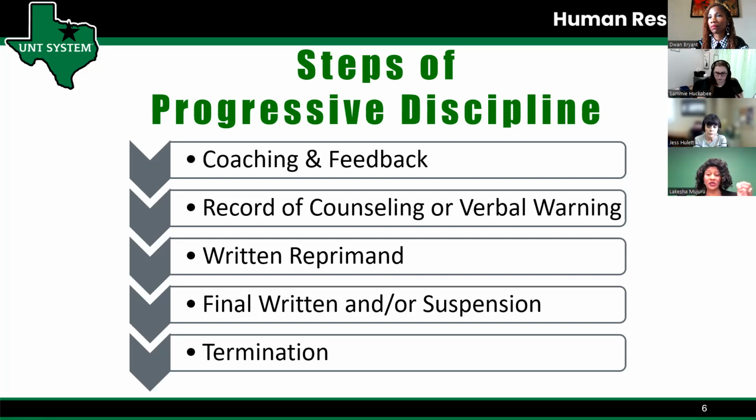Is it just that someone came into the office and said, so-and-so did such and such? Do we have all of the details? Or are we just going off someone being upset because their coworker walked by their desk? But definitely understand what's going on, and have that dialogue with the employee.